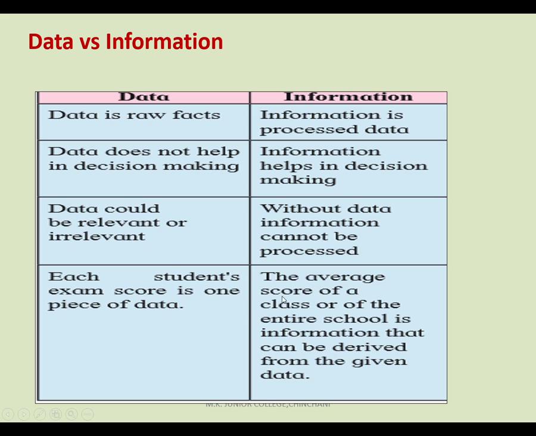If the teacher wants to get information about the average score of the class, that type of query, when the teacher runs it on the database, gives the average score of a class or of the entire school, which is something called information, which we can derive from the data already in a database. So the database must have some raw data, and after putting some queries or processing, we can get information from that data. So here data and information is clear to you.